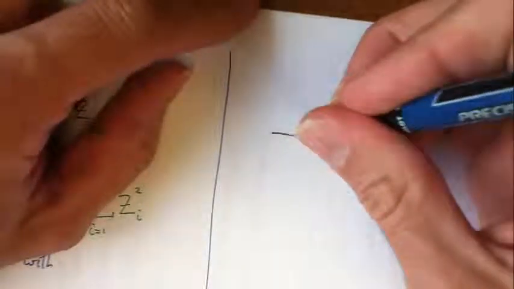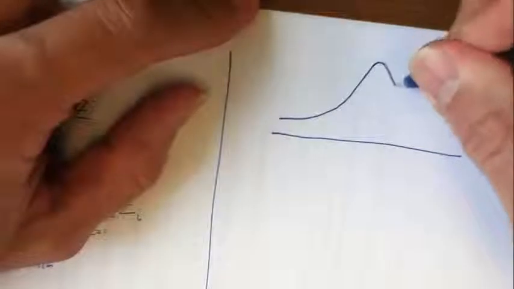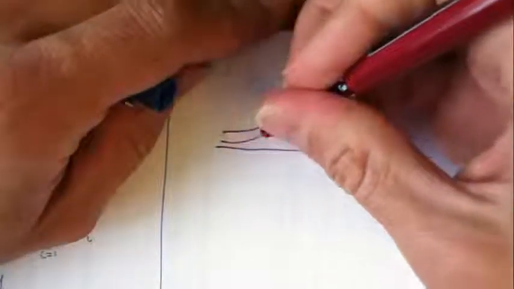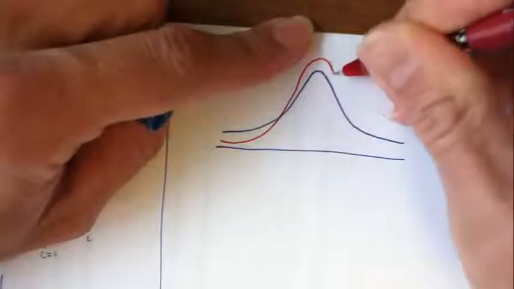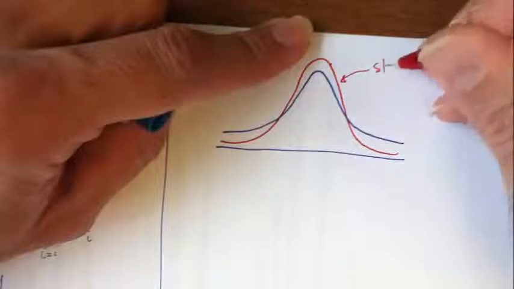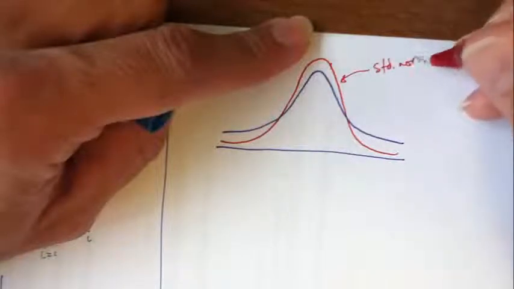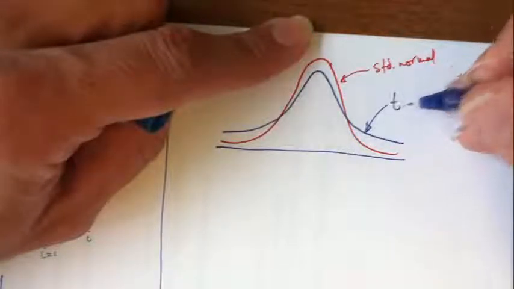And what does a t distribution look like anyway? Well, it looks a lot like a normal. It looks sort of like that. This red curve is a standard normal curve. This one is a T density.